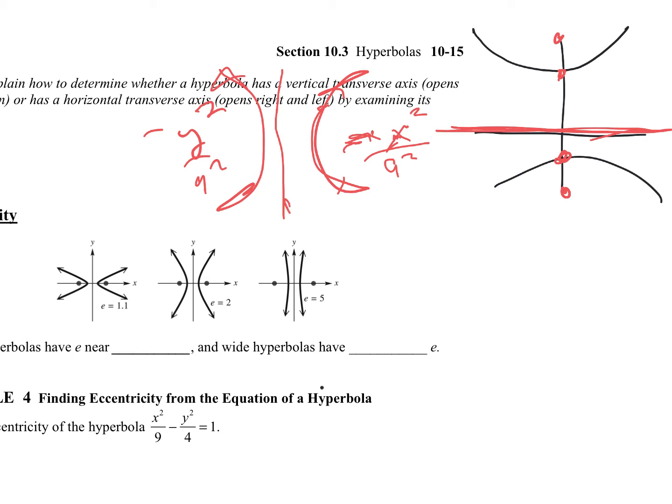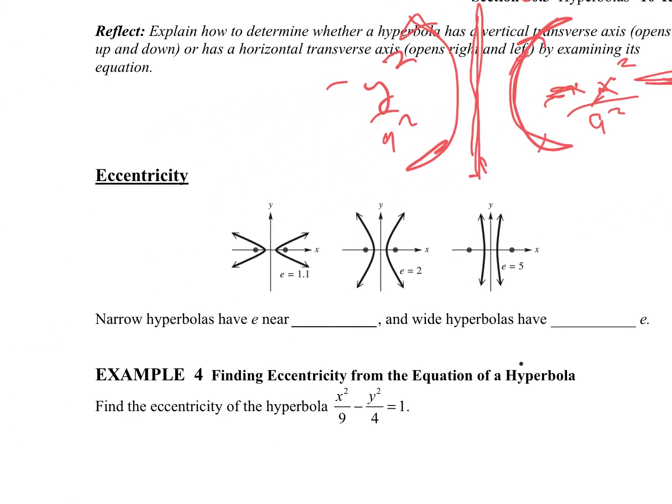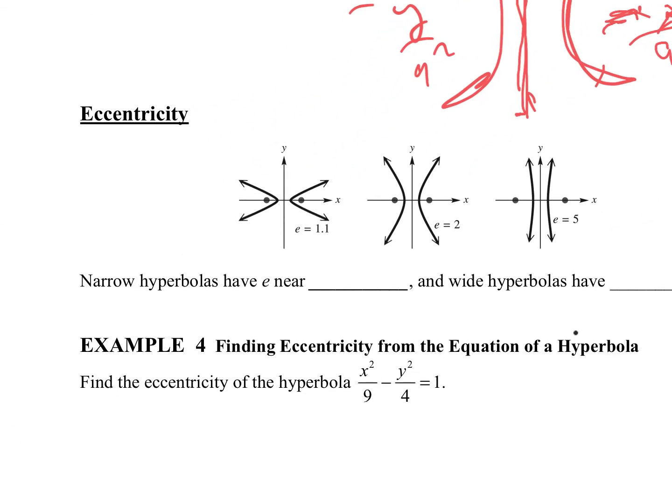To me, I call that vertical, and I call this one a horizontal. Vertical because I suppose the invisible line that cuts it in half is vertical. The visible line that cuts it in half is horizontal. So that's what I call them. All right, eccentricity. Narrow hyperbolas have an eccentricity near 1.